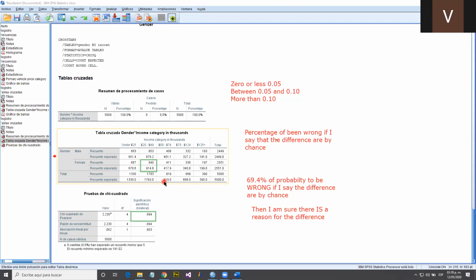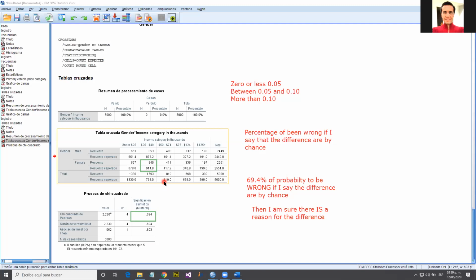They will have more money to spend. Okay. So yes, I can show higher price products to women because they have more money. I am sure of it. Right, the income is related to gender.